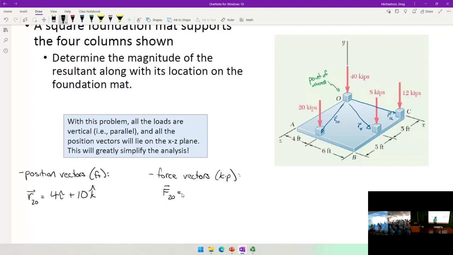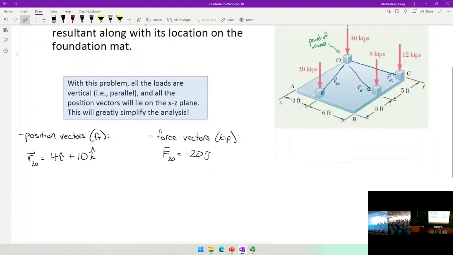Which component is that 20 going to be associated with? An i, a j, or a k? J. And is it positive or negative? Negative. So that force vector is just going to be negative 20j. Is that a fair statement? Exactly. It's moving down, opposite the direction of the y-axis.